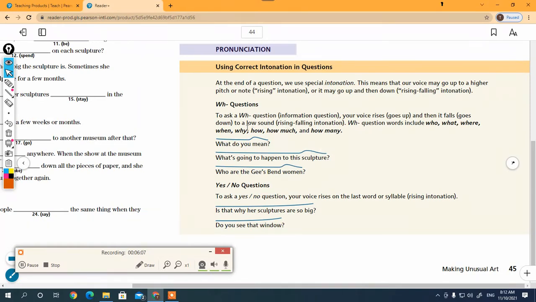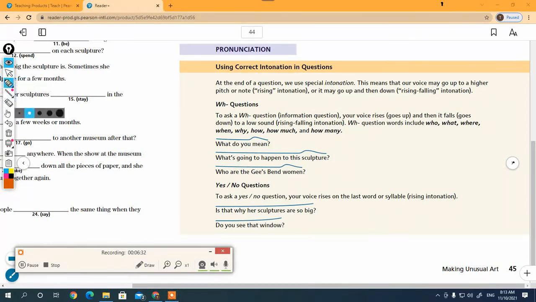Now, if you listen to a WH question, there's going to be, at the end of the question, an intonation that goes up and then down. And that's what we see with this line.